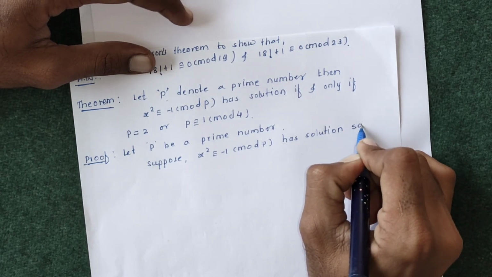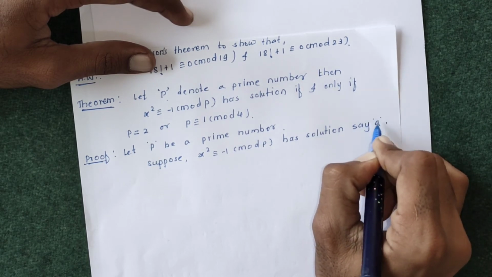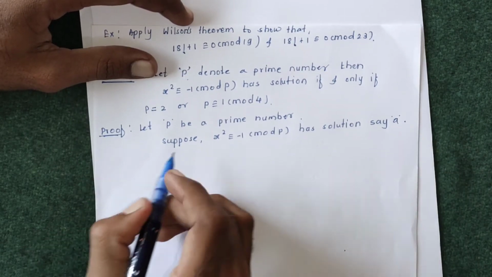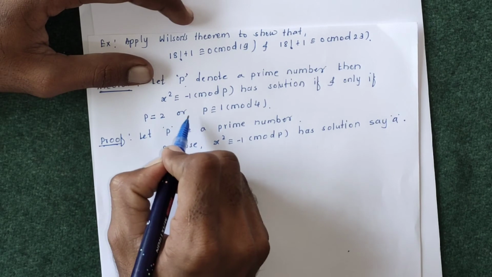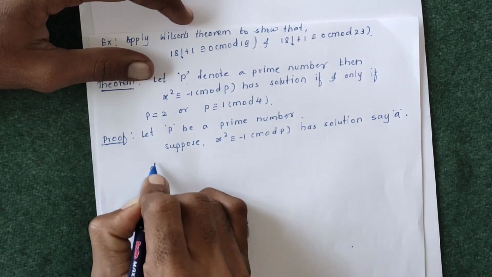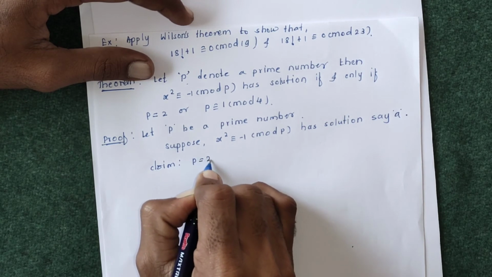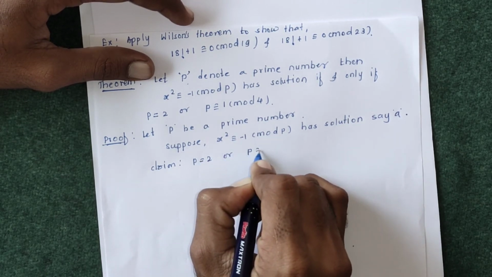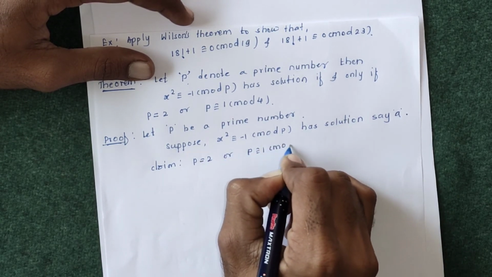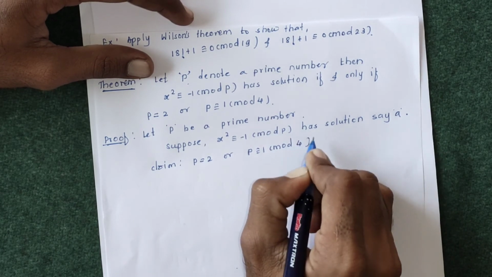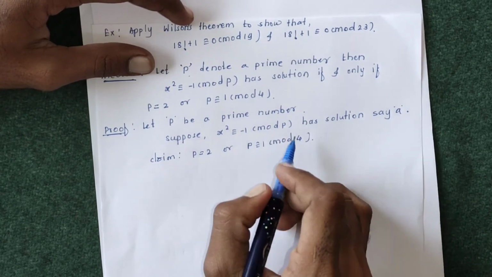Our claim is p is equal to 2 or p is congruent to 1 mod 4.